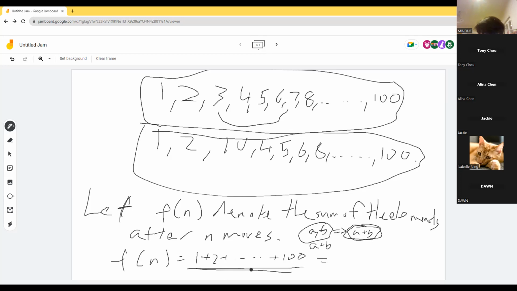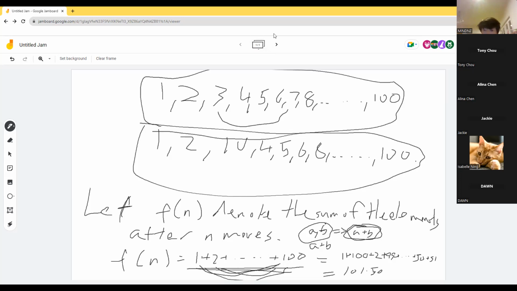Okay, but to do it, you can pair them up. So we got 1 plus 100 plus 2 plus 99 plus all the way up to 50 plus 51. And that's 101 times 50. This idea of using symmetry is quite important, by the way.